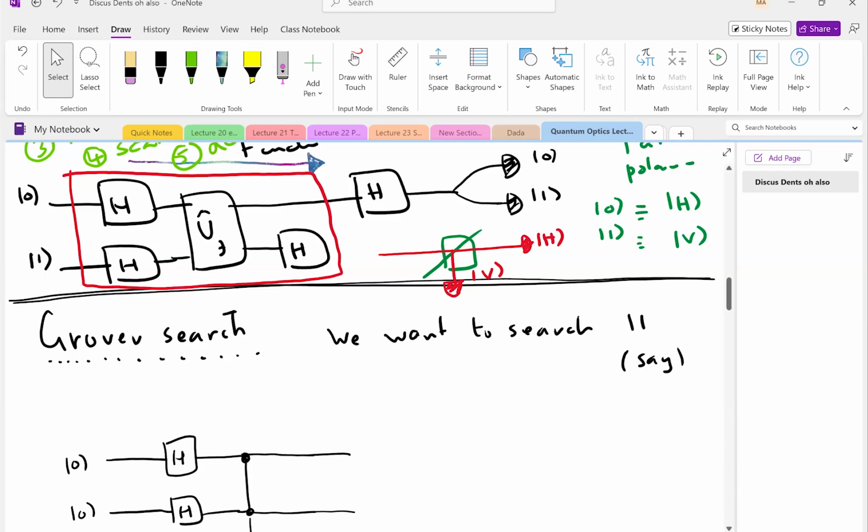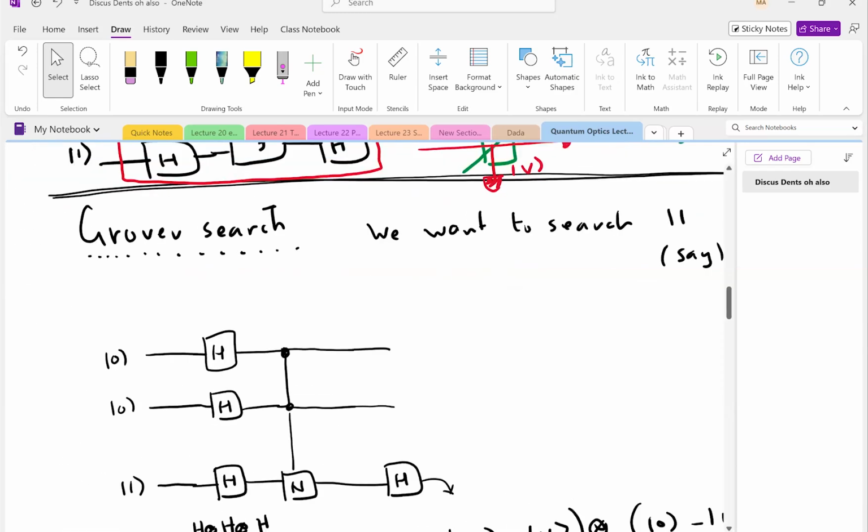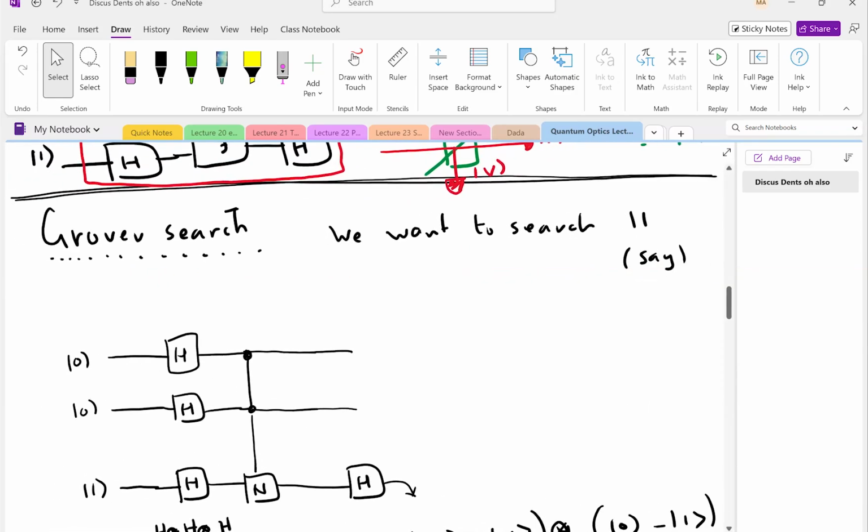Now, the Grover search algorithm is also a nice algorithm, and it's slightly more useful than the Deutsch algorithm. Now, in the Grover search algorithm, suppose you have a string of bits, and let's focus on 2 bits.